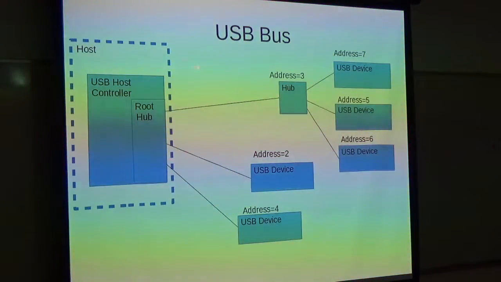There is one host and many devices. The devices have addresses that are assigned by the host. To make a tree-like topology like this, you use a USB hub here. From the viewpoint of the USB devices, the hub is transparent, so we can forget the hub for this discussion.